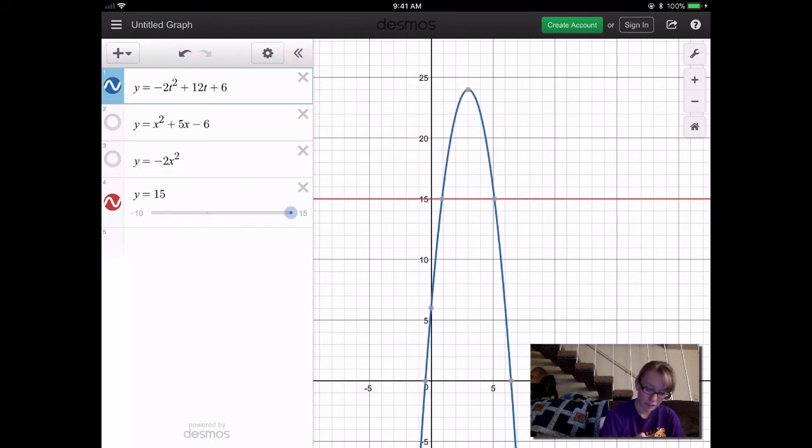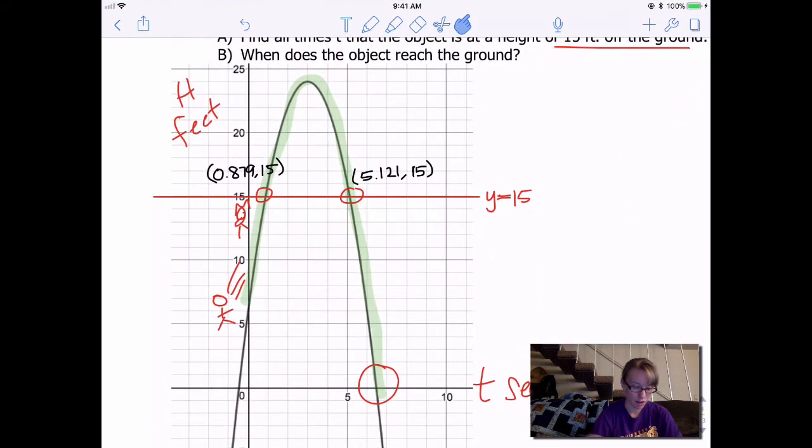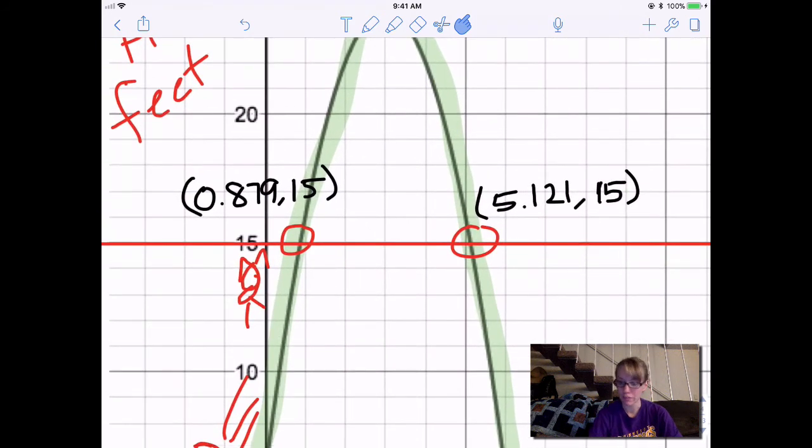The points that I'm really caring about are these two. I've got 0.879, comma 15, and 5.121, comma 15. So bring that on over to our graph, and those are the 2 points that we've written. So 0.879, comma 15, this is what we already knew we were looking for. The height is 15.